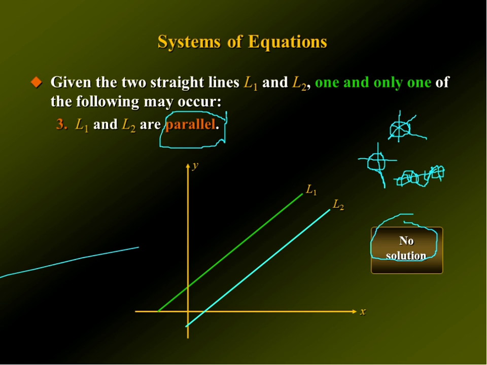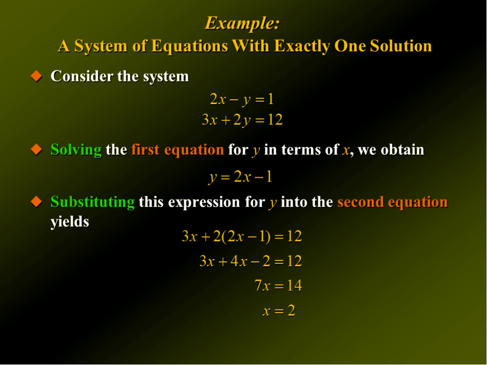Now I move further. There are some examples of the three things. A system of equations with exactly one solution. A numerical example is given. They consider the system of equations. As I gave in the face-to-face class, there are some examples over here, and I also give some other examples.